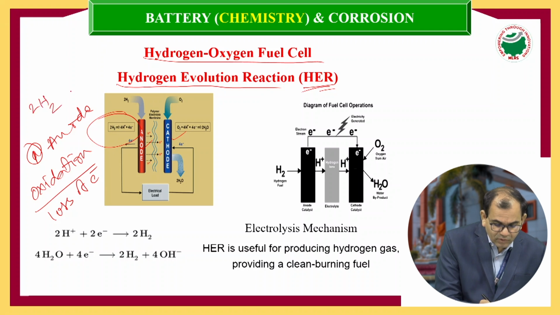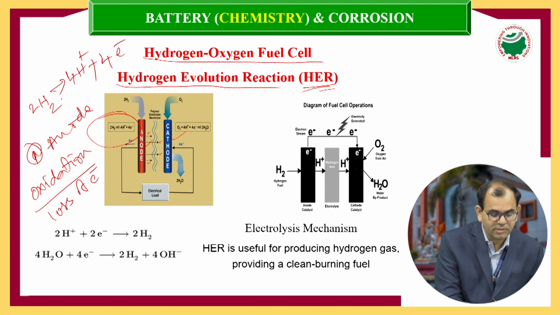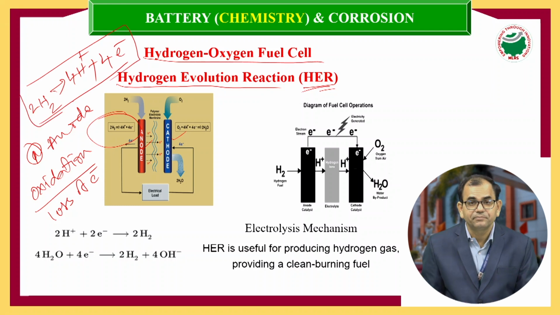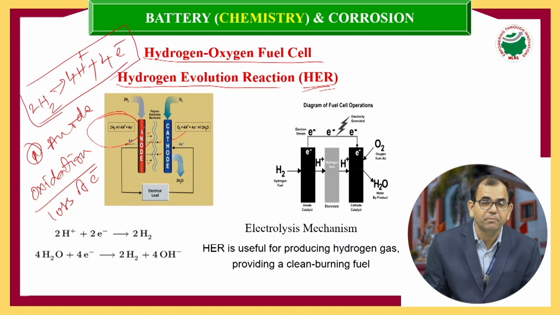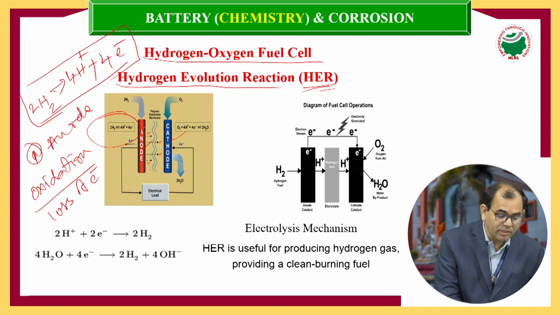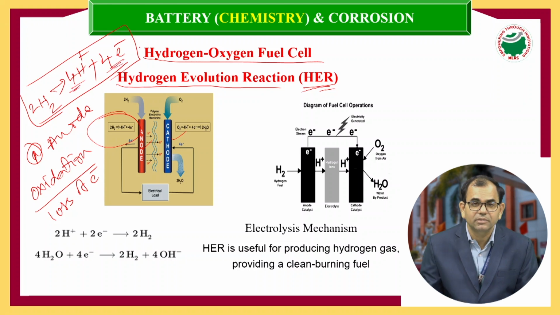Now what is the reaction here? 2H2 gives rise to 4H+ plus 4 electrons. This is the reaction taking place at oxidation, the anodic part. Two hydrogen molecules go into oxidation at the anode, and 4 H+ ions and 4 electrons are released.